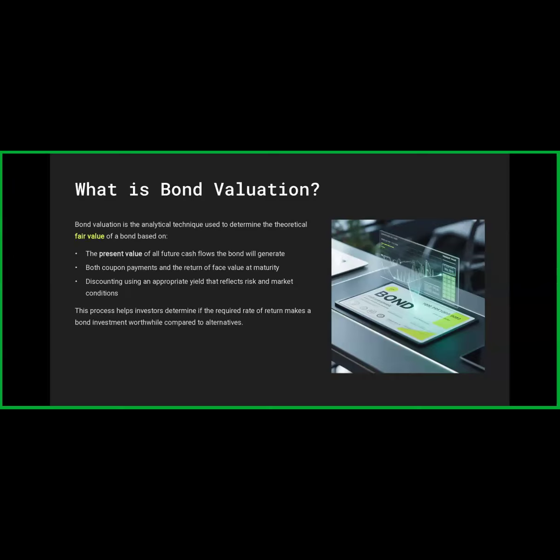Which are the following points? That is the present value of all the future cash flows the bond will generate. First, we calculate the present value. We know that on a bond, the companies continuously repay EMIs, that is, the monthly installment.